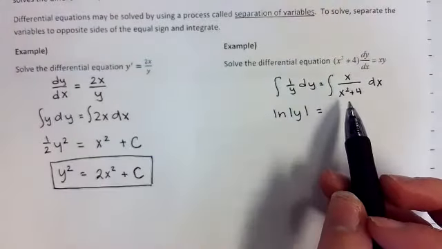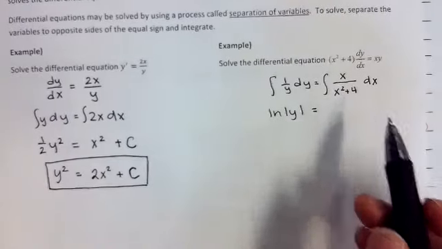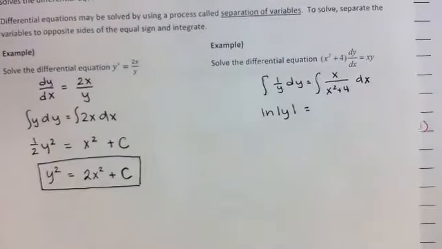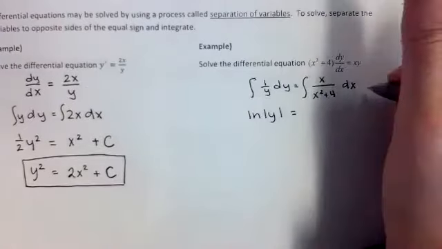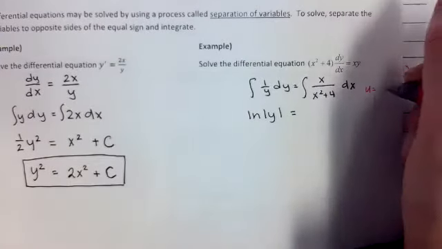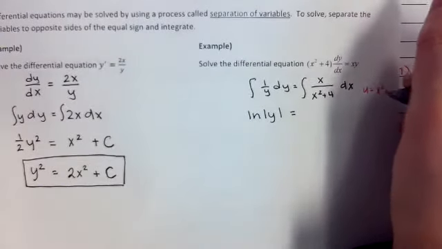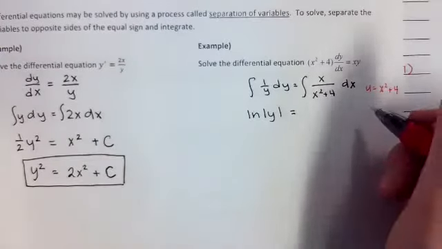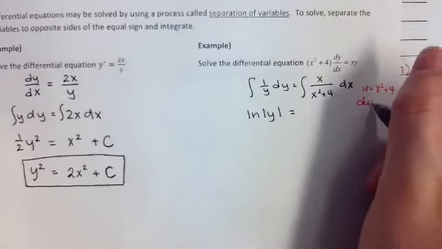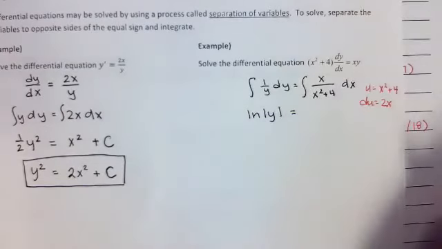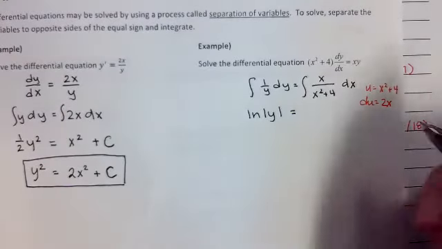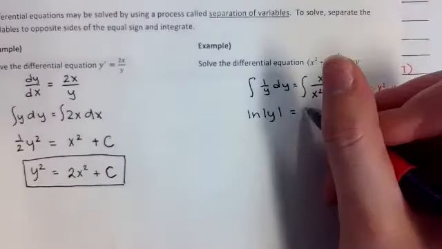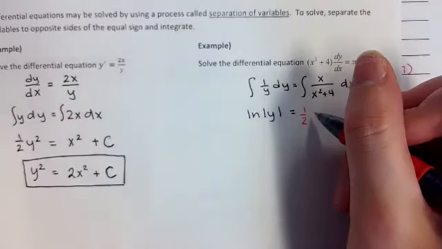This one is a little different, and we're going to have to use a u substitution to do it. Let's let u be x squared plus 4. What will that make du? 2x. Do I have a 2x sitting there? No, but I can put a 1/2 on the outside.